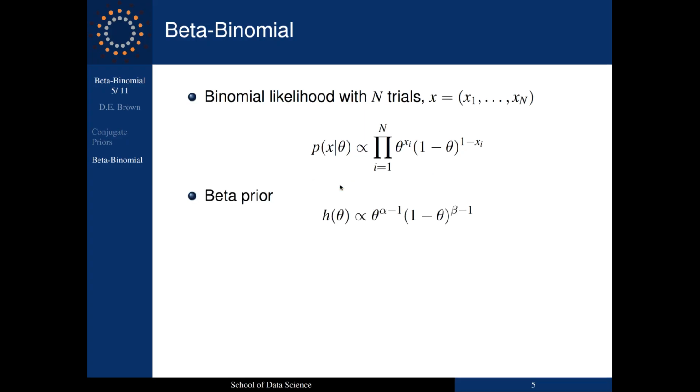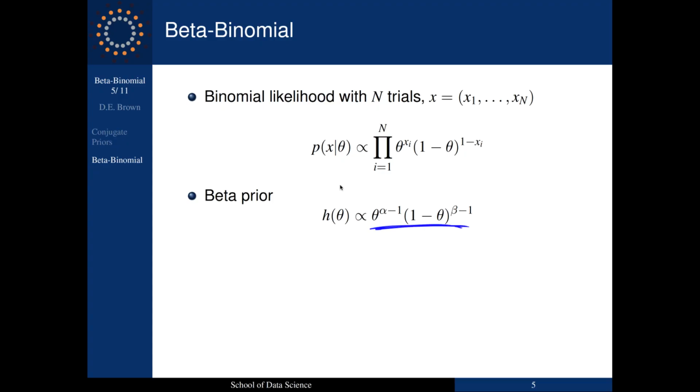The beta prior, if you recall, takes each one of those individual probabilities. So now we're looking at the probability that theta takes on a particular value, let's say 0.5 or 0.6. We're saying that actually has a beta distribution. The likelihood of seeing a 0.5 or a 0.6 is given by the density function described by the beta prior.